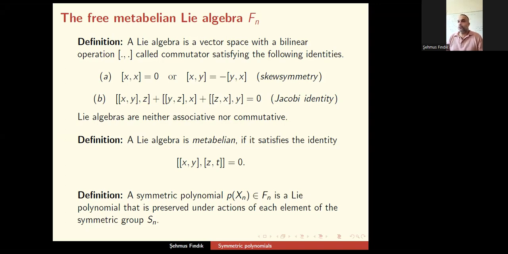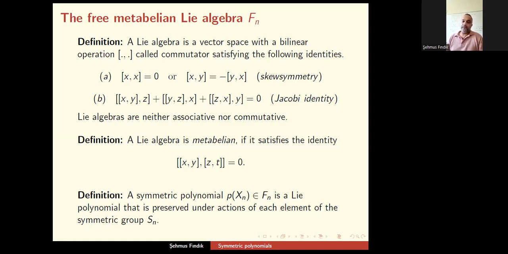In skew symmetry, x squared is 0 or xy is equal to minus yx; these two are equivalent when the characteristic of the field is not 2. The metabelian identity is given in this way: the commutators of commutators are 0.